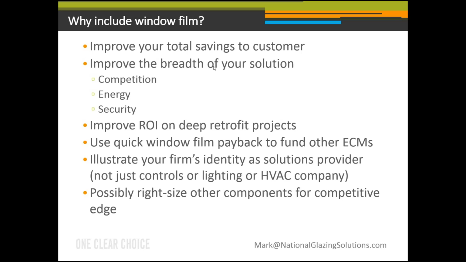And lastly, the addition of window film can even allow you to right-size some other components, such as HVAC systems, if you can reduce the max expected load. There are many reasons why you should consider window film, which probably starts you thinking down the road of, okay, which one?